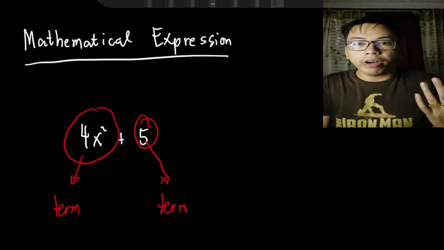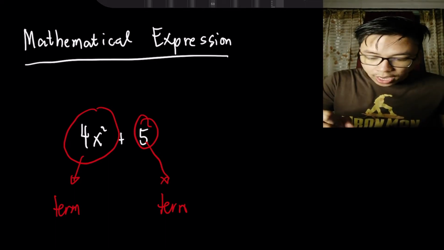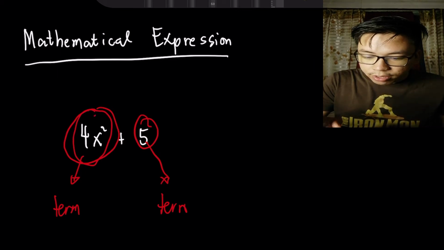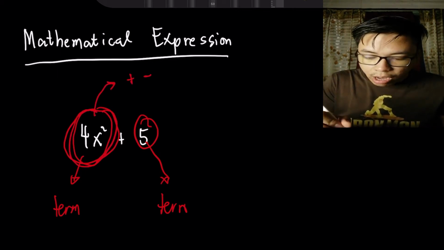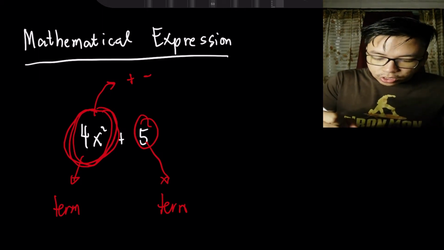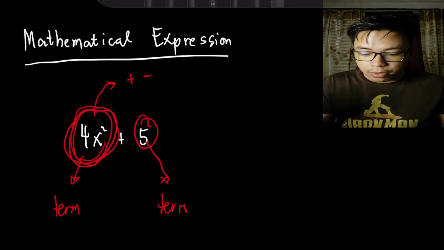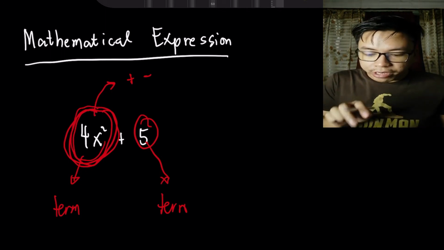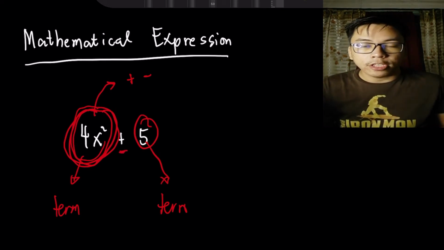Regardless of the number of variables being combined, so long as you don't see any operation, either plus or minus, between the 4 and the x squared, they are considered as one term. 5 here is another term. So they are different terms in the sense that they are separated here with a plus operation.